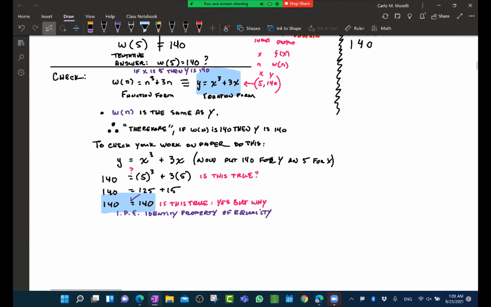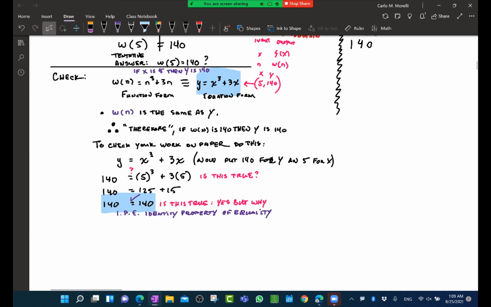First, we converted from function form to equation form. And then we plugged in 140 for y and 5 for x. And we solved it out. And we found out that 140 equals 140, and that was true, according to the identity property of equality.